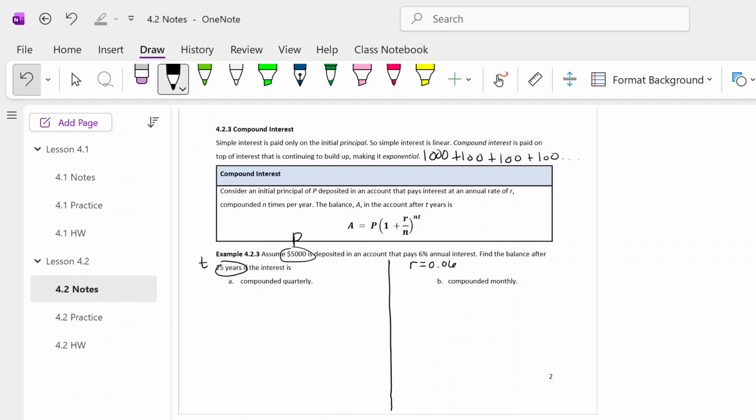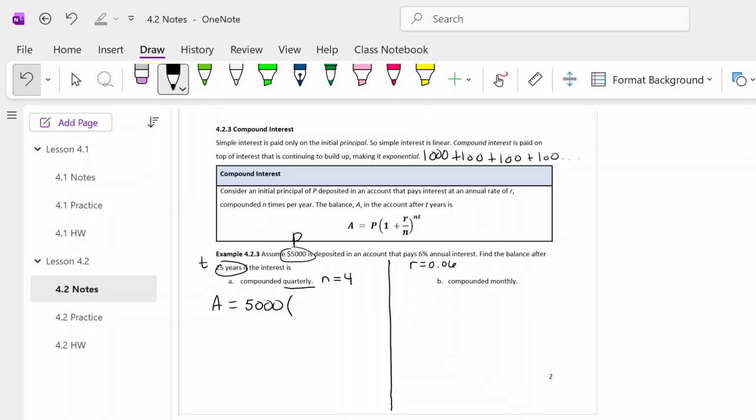Compounding quarterly, when you think about N, you think about the number of times in a year. Quarterly means you do something in the first quarter, the second quarter, the third quarter, and the fourth quarter. So your N is going to be 4. We're going to use the formula, and this is where Desmos makes it pretty easy.